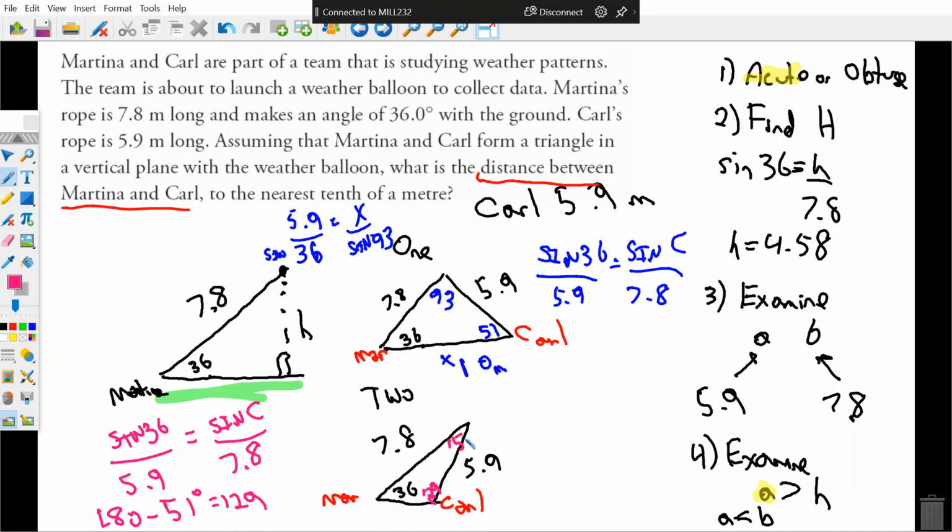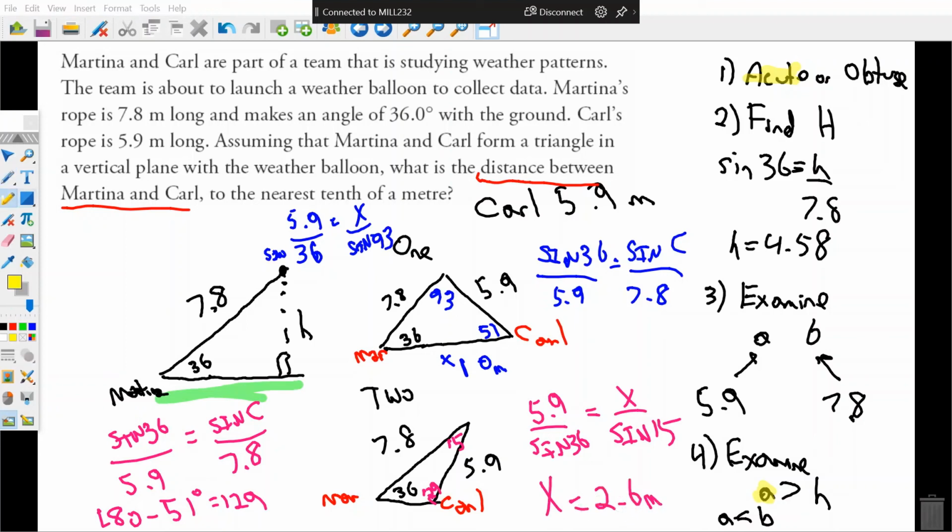Now we have our angle side pair. We can go 5.9 over sine 36 equals x over sine 15. Cross multiply and divide. 5.9 times sine 15 divided by sine 36 means that Carl is 2.6 meters away.